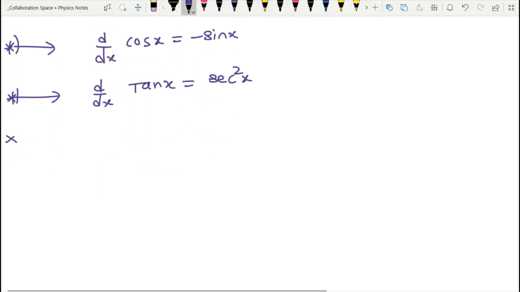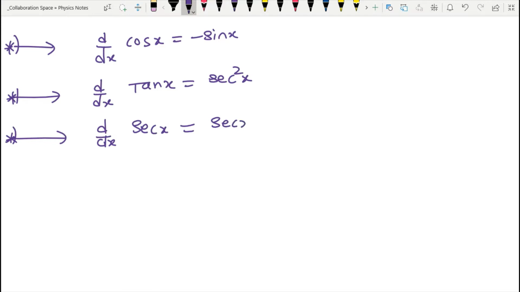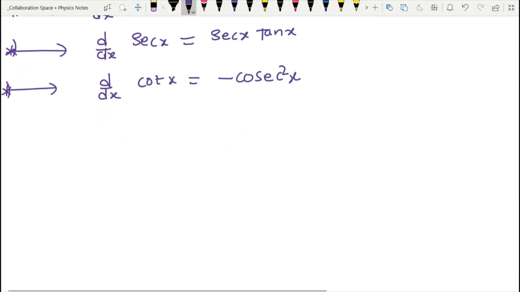d by dx of secant x? Secant x tan x. d by dx of cot x? Minus cosecant square x. d by dx of cosecant x?